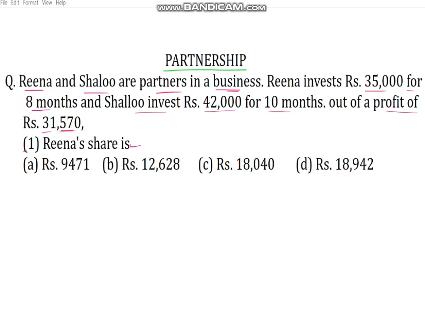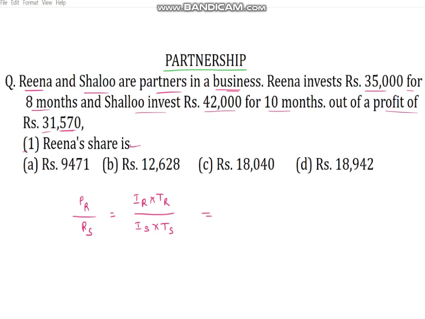We know the formula. Profit of Reena divided by profit of Shalu equals investment of Reena into time period of Reena divided by investment of Shalu into time period of Shalu.